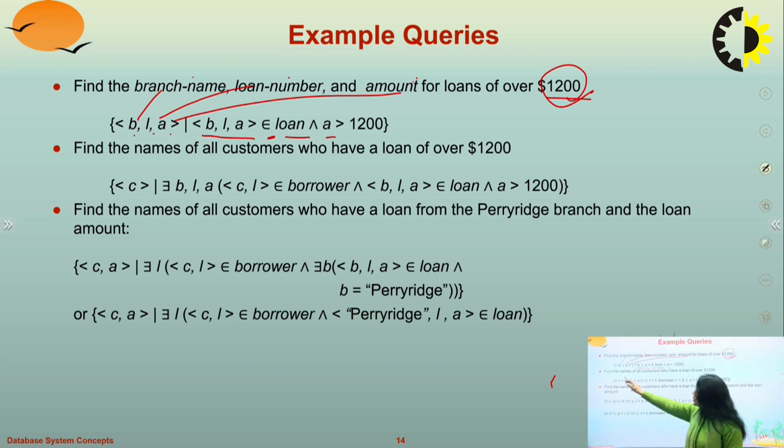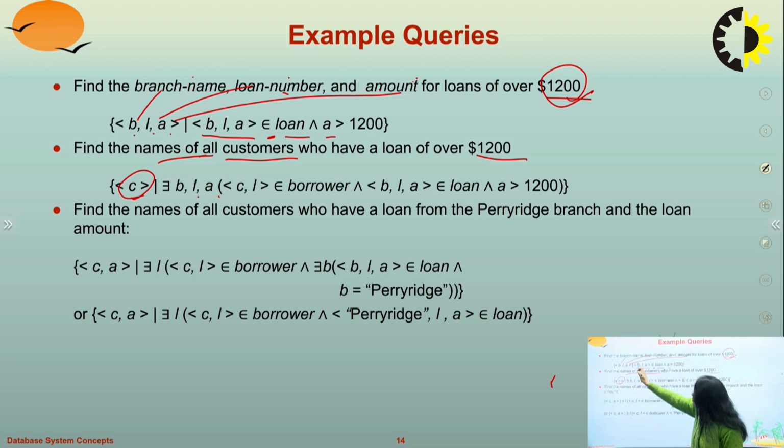The next query we will take: find the names of all the customers who have a loan over this, right? So here we require only the name of the customers, not the whole tuple. One tuple is described in the form of multiple domain variables, but here we require only one domain variable. So we are taking C. But there exist B, L, A as well, and because we require only this C, customer name only, we will write only C here.